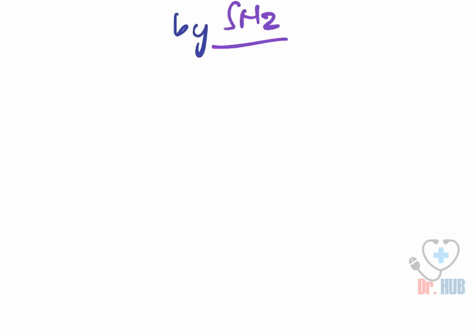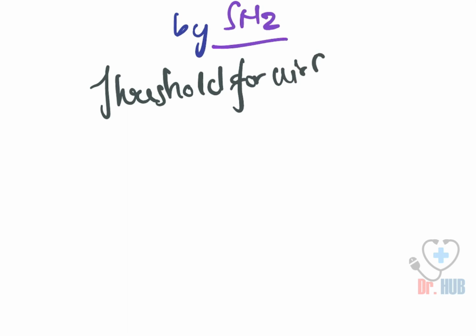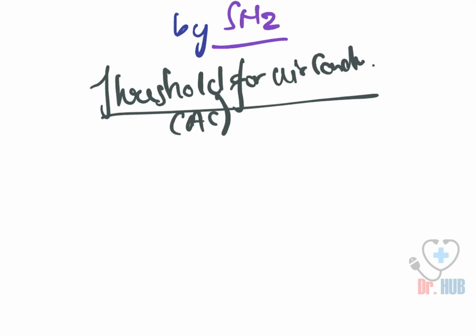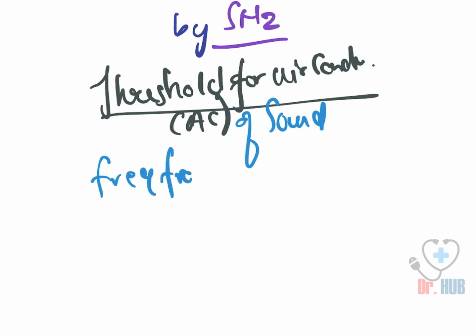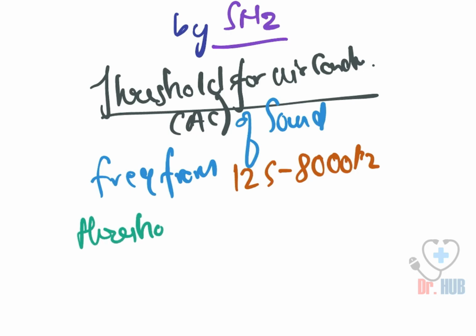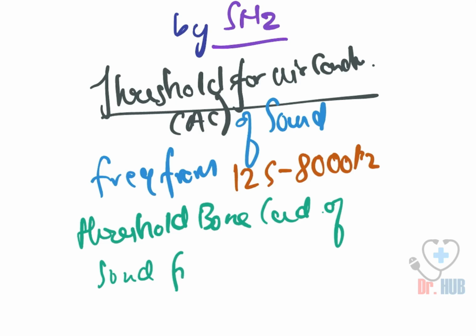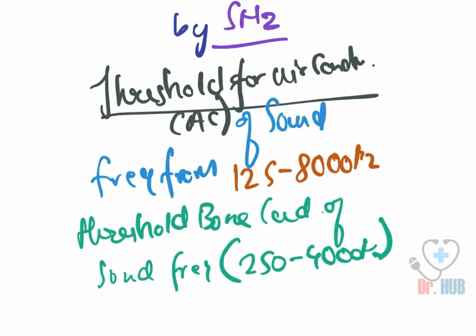Next is that a threshold for the air conduction. This is nothing but the threshold for the AC of sound frequencies from 125 to 8000 hertz, and a threshold for the bone conduction of sound frequencies, so this is from 250 to 4000 hertz.